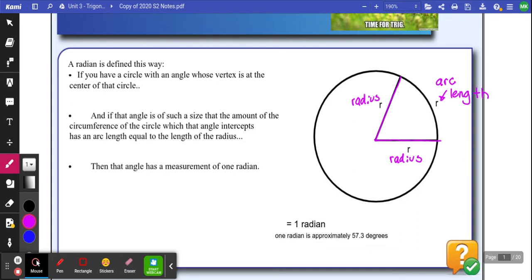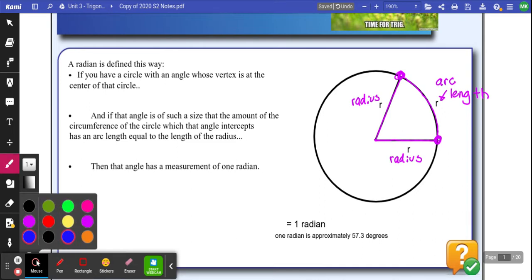It's the distance around the curve from this point to this point. If you have that scenario where you have that perfect opening so that those 3 things are all the same length, this is exactly 1 radian.